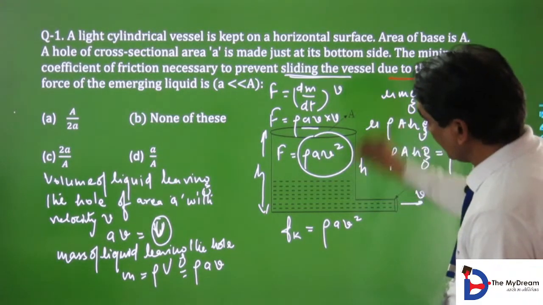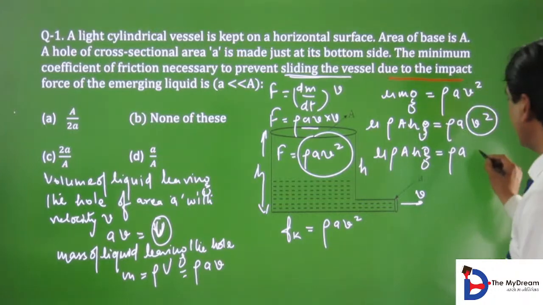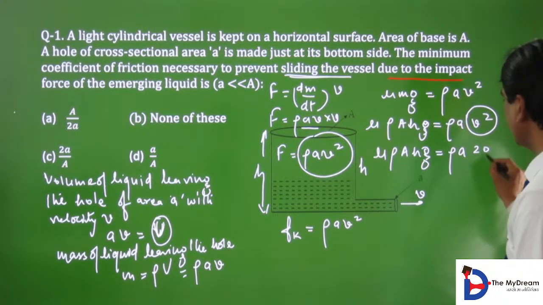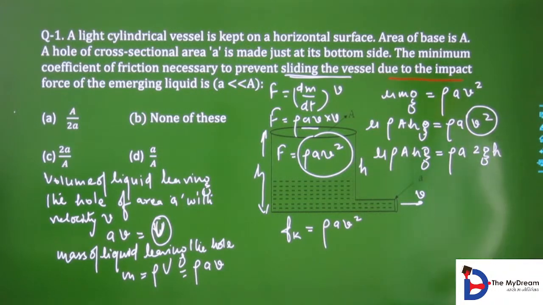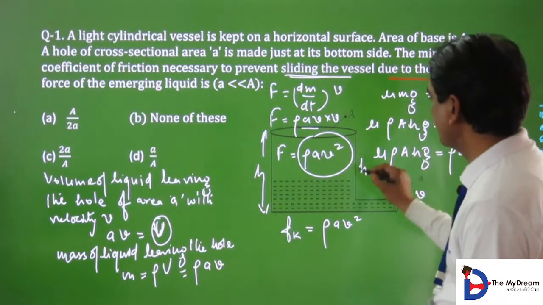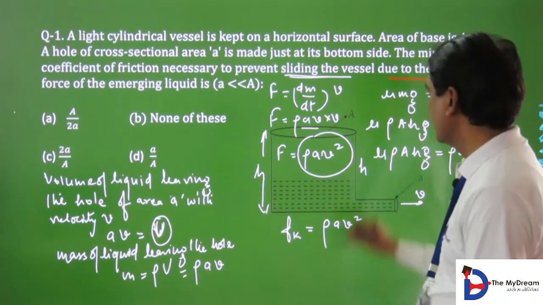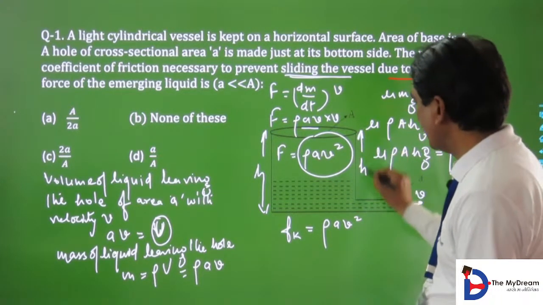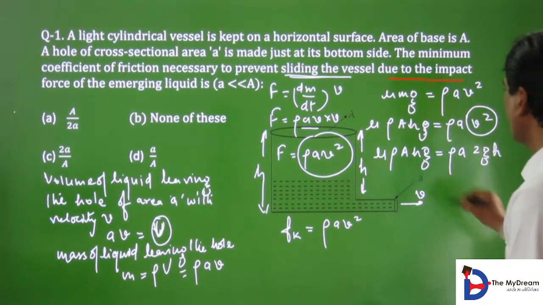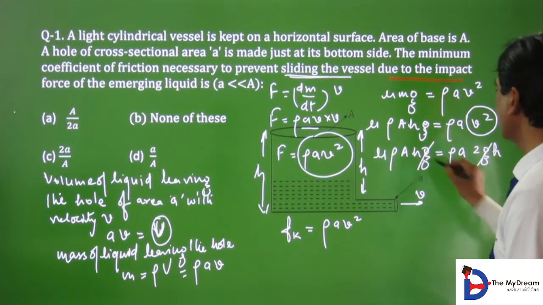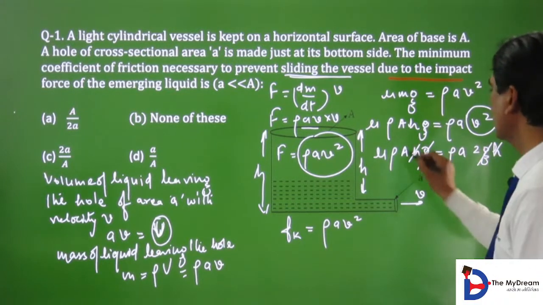The velocity of the fluid at height h is given by V square equal to 2gh, because it is at a height h.